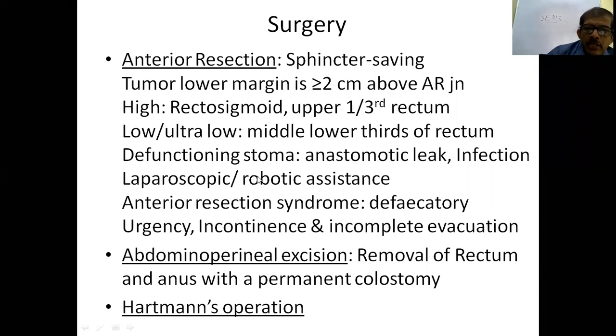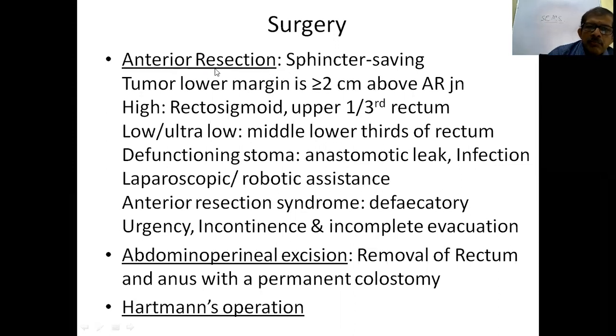Wherein we will be removing the rectum up to 2 centimeters above the anorectal junction, and then suture the lower end of the colon to the upper end of the anorectal complex. That is called anterior resection.